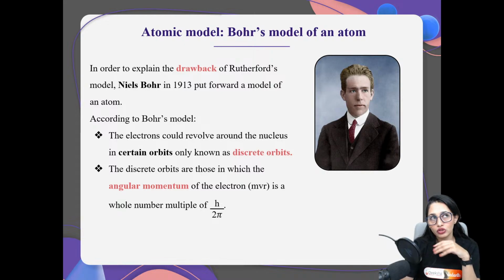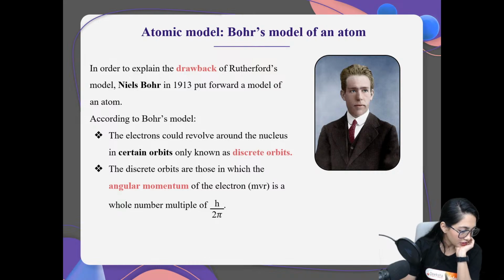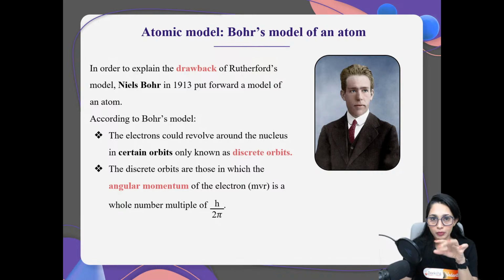So Rutherford's model could not explain the stability of the atom, right? So Niels Bohr came up with a theory, with an atom. I'll give the break after we discuss Bohr's model of an atom. Tanu, okay? We'll discuss that. I'll give you 10 minutes break so that you can have your food and come back.